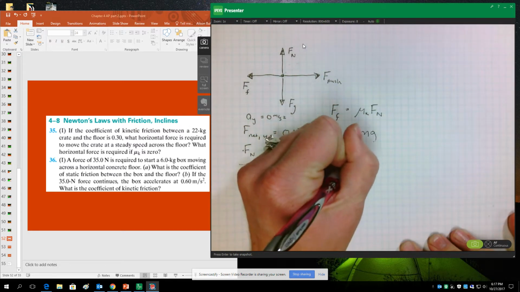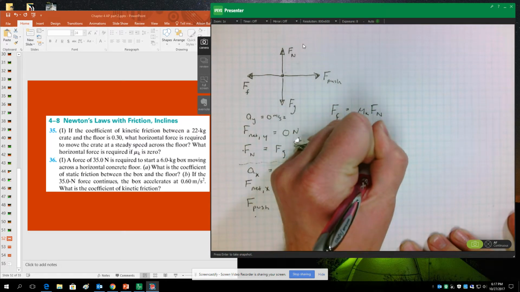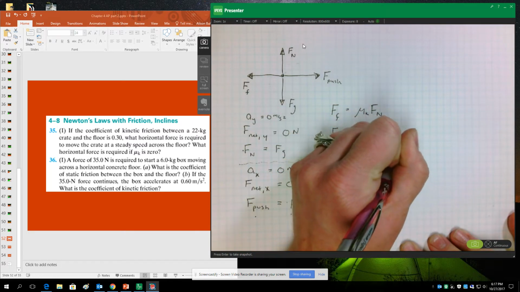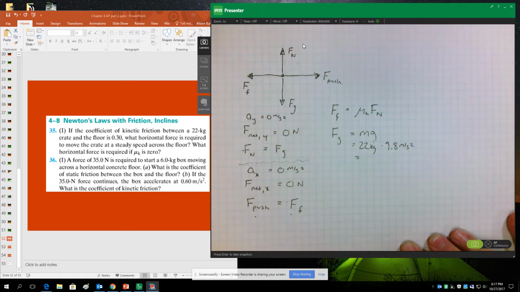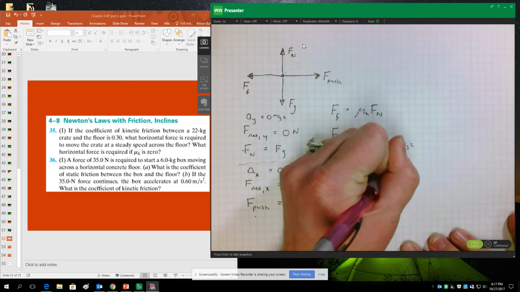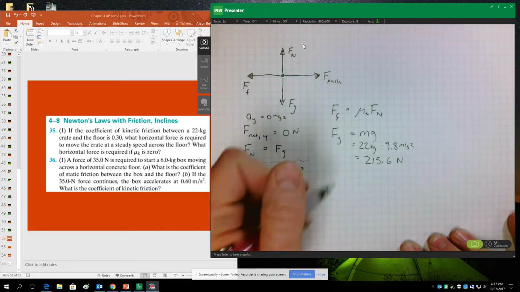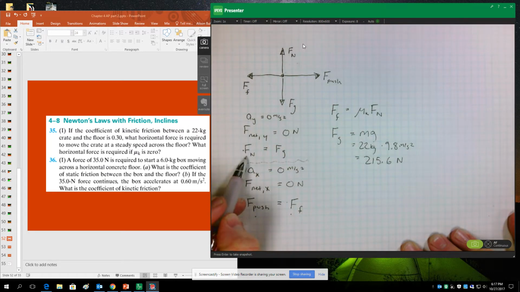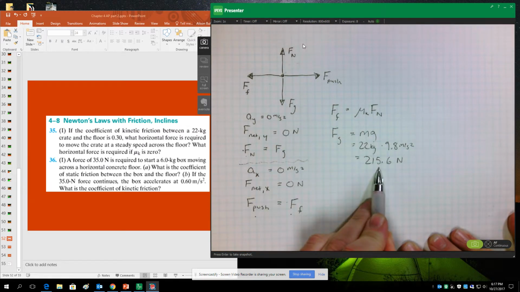So that's 22 kilograms times 9.8 meters per second squared. My calculator is off screen now, but that gives me 215.6 newtons. So I know now that the normal force is 215.6 newtons.